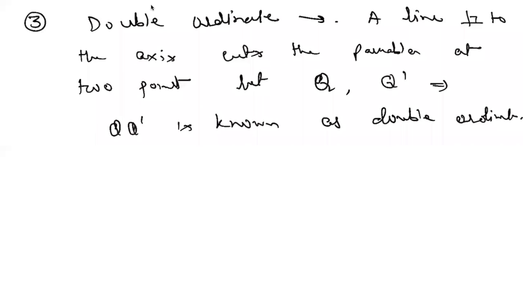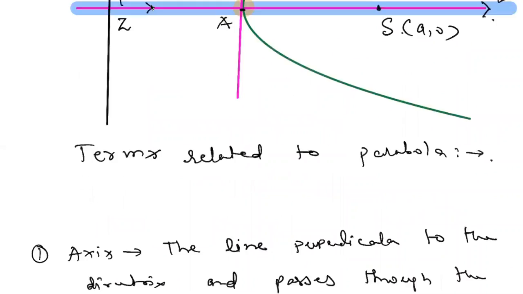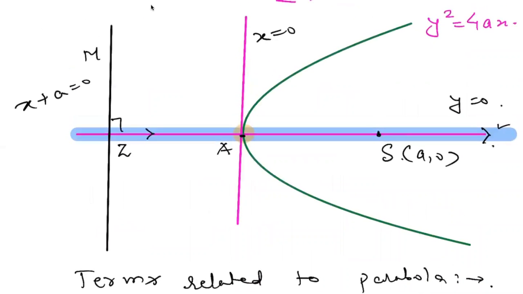So in double ordinate, we can see the given equation. Any line, this is Q and Q prime, right? If this double ordinate passes through the focus, the special point, then this is known as latus rectum, right? Later on, we'll see that.